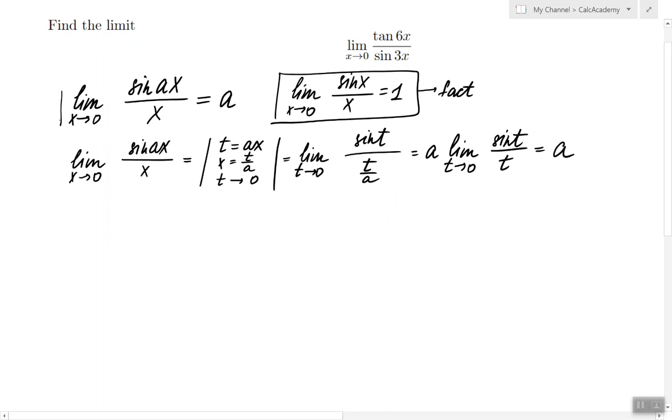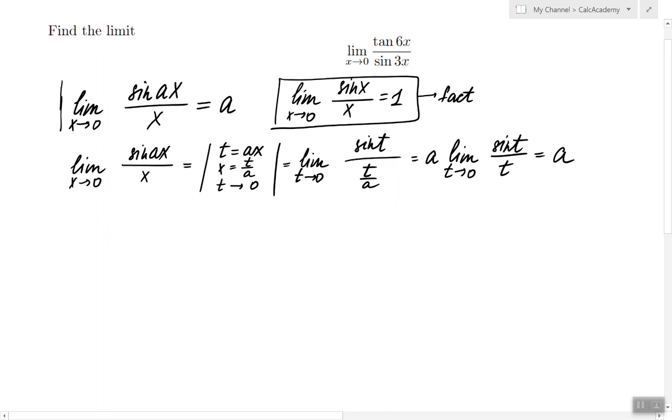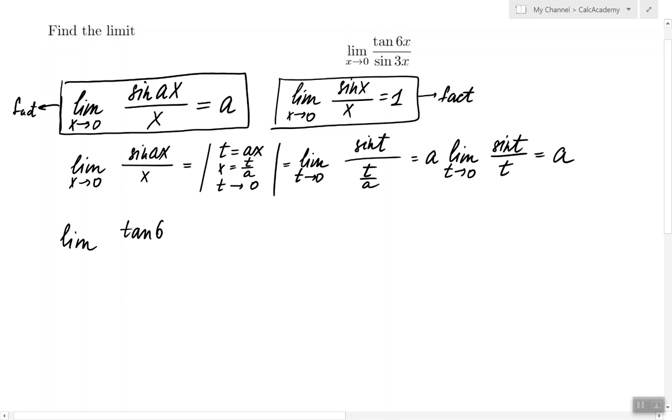So once we establish this fact, now we can do the original problem. The limit of tangent 6x over sine of 3x as x approaches 0 can be rewritten like this.